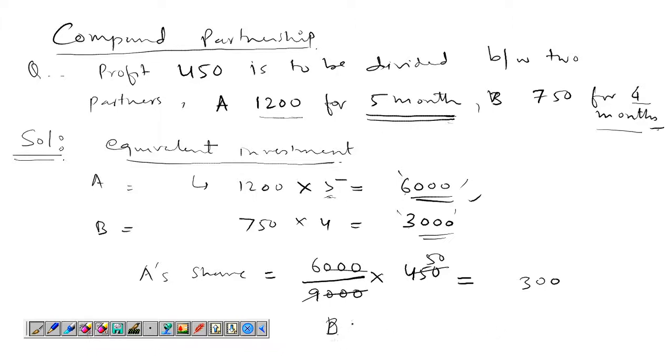And B's share would be his investment upon total investment into total profit, which is 150 rupees.